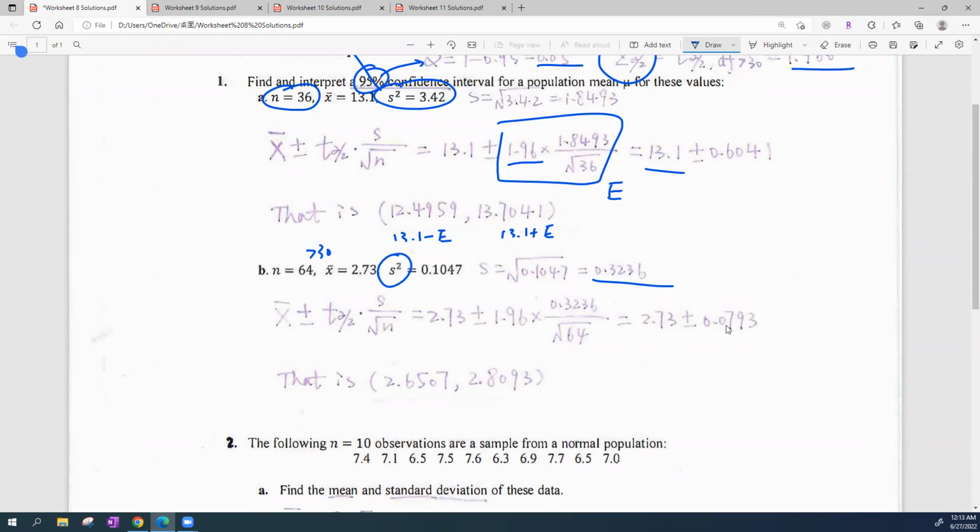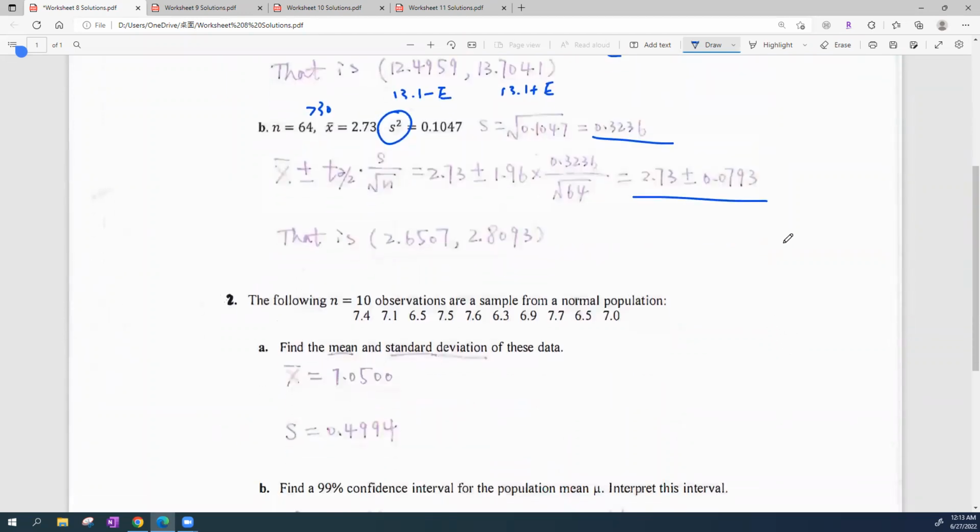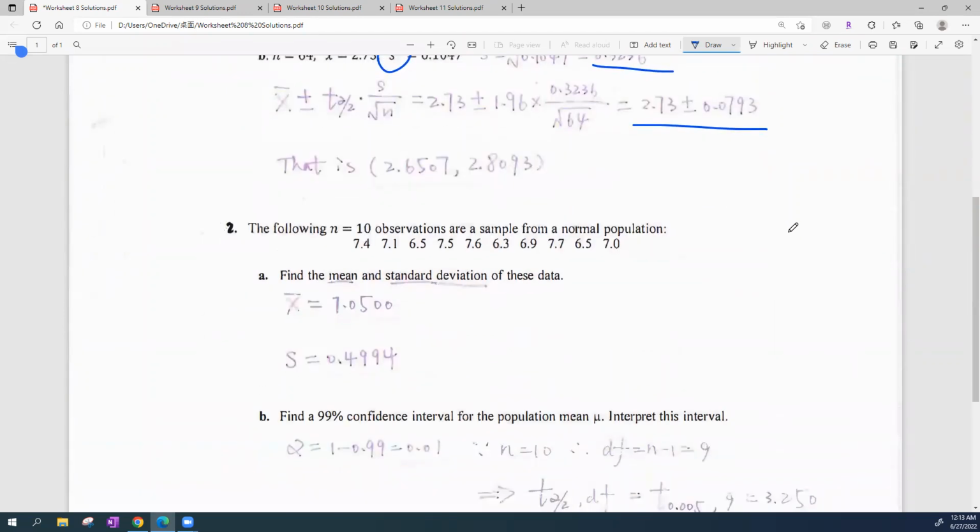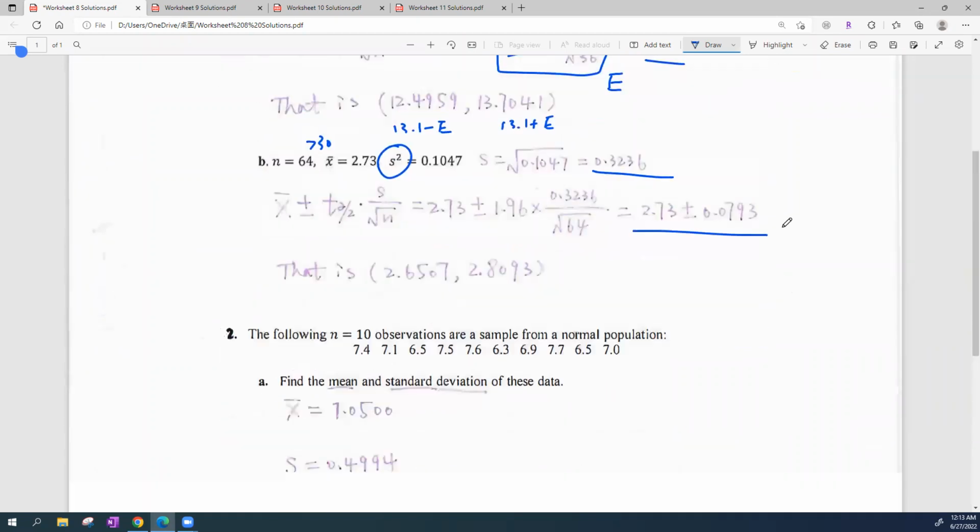Plug in all the information, 2.73 plus or minus, and since it's also a 95% confidence interval, the critical value is still 1.96. Finishing the calculation, the 95% confidence interval is 2.645 to 2.8093.